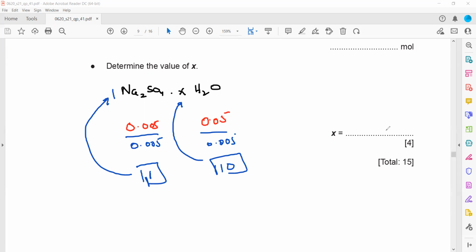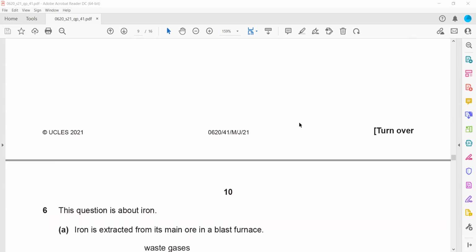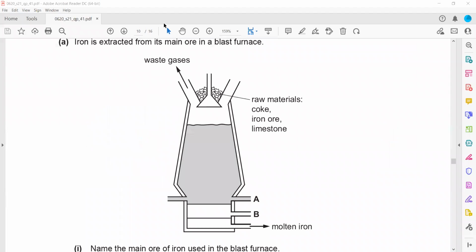It should be 10. That's why the value of X is equal to 10. We always take the simplest ratio between the moles to get how many molecules of water of crystallization are attached to a compound.